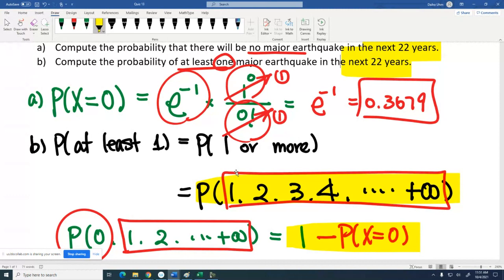So even though we need the infinite sum of probabilities from 1, by applying the complementation rule, we can take the sum of the infinite probabilities in the Poisson distribution.